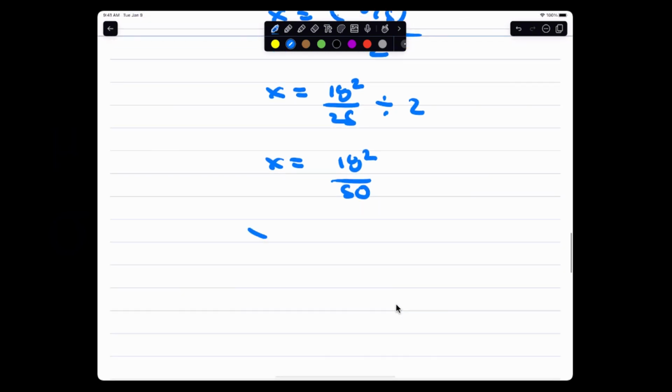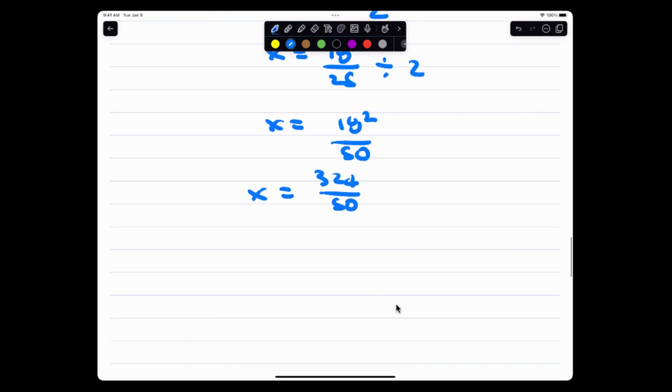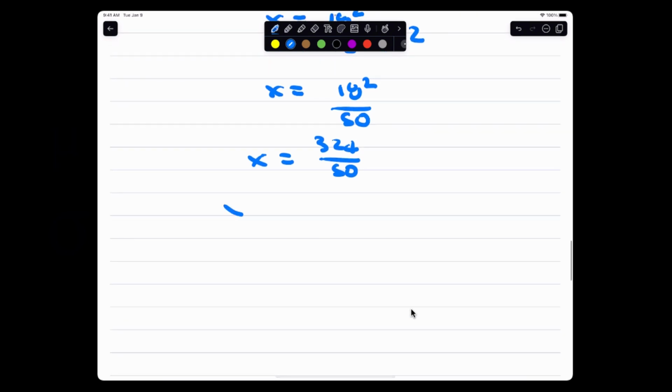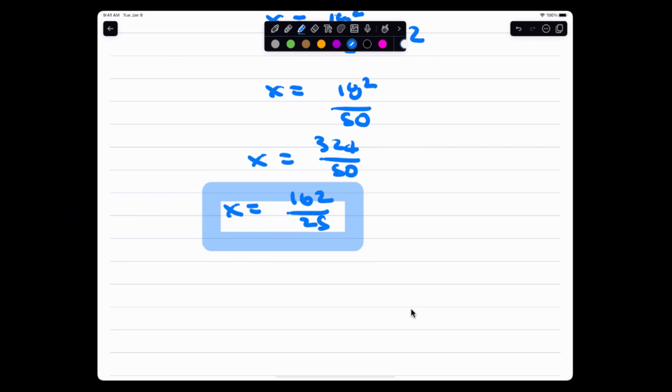324. Now they're both divisible by 2. Is that right? So what does that mean? 162? So x will be 162 over 25, I guess. I think that's pretty much it. So you're going to have these two coordinates, right?